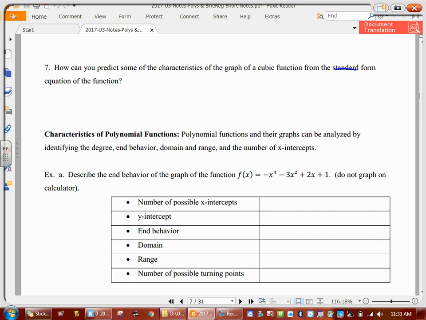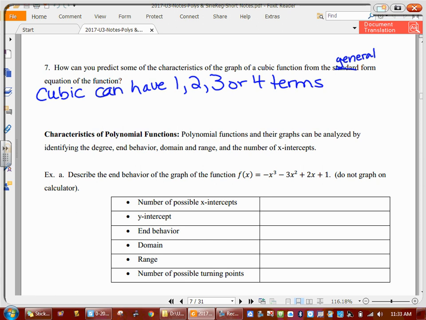We found that depending on the number of terms, because a cubic can have 1, 2, 3, or 4 terms, that means you've got 4 different situations of cubics. If it's got 1 term only, that's going to be your point of inflection. That's not going to change directions. With 2, 3, and 4 terms, it's just going to change directions, and it's going to change where your y-intercepts are.